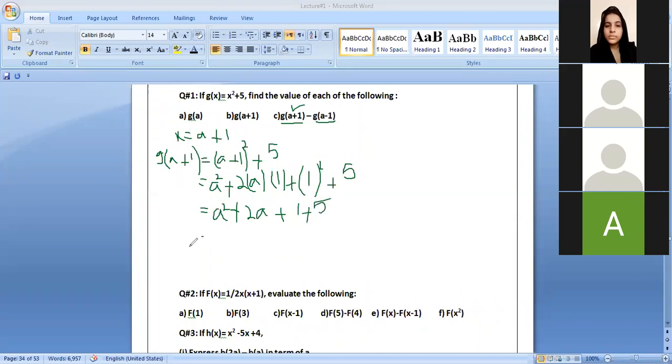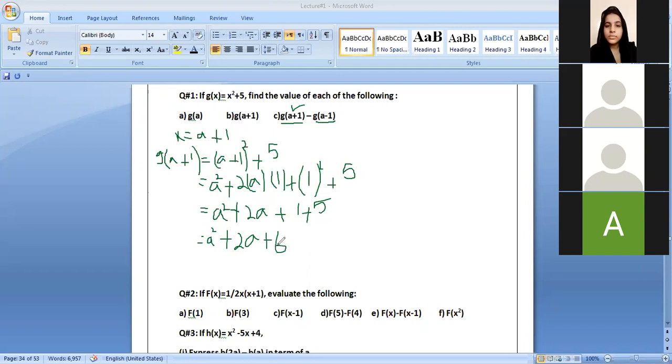So the answer of part 1: a square plus 2a we will write as it is, because they cannot be solved with each other. These two cannot be solved with each other, because a has power 2 whereas 2a has power 1. So for addition, variables with like terms are important. 5 plus 1 becomes 6.